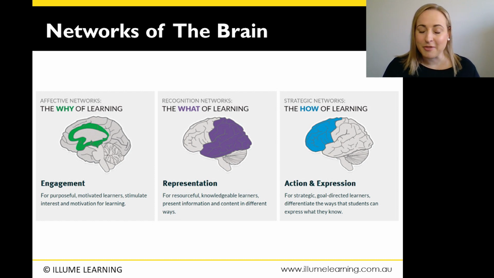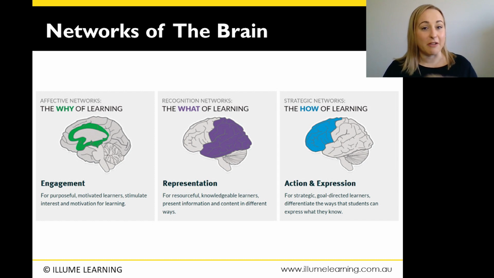The second part of the research that I want to just mention really briefly is this idea of the three different networks of the brain. Studies have confirmed that when we are learning, there are three main networks that are active within our brain: the affective network, the recognition network, and the strategic network. The affective network is responsible for the why of learning. It really controls our emotional engagement with learning, such as our motivation, our interest, our ability to maintain focus and remain engaged in a task.